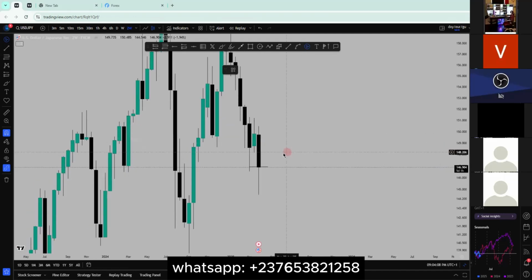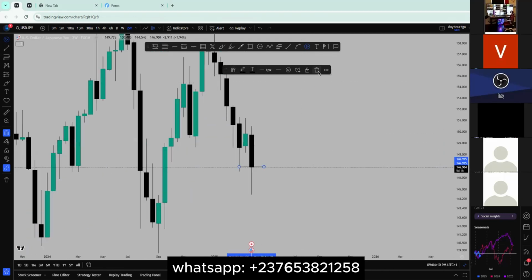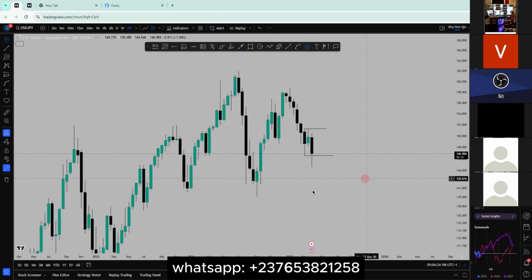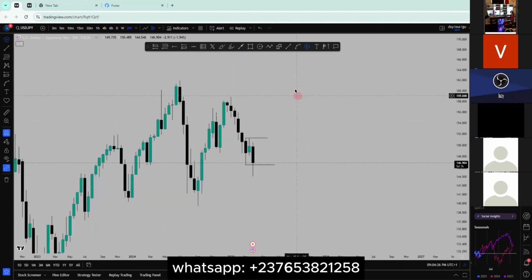USD JPY, if we want to see higher prices on DXY, definitely we'll have this as a CRT on USD JPY, okay? After price traded down to this level of demand here as well, we can expect price to trade back up to also take out that high, at least maybe filling out this fair value gap here.